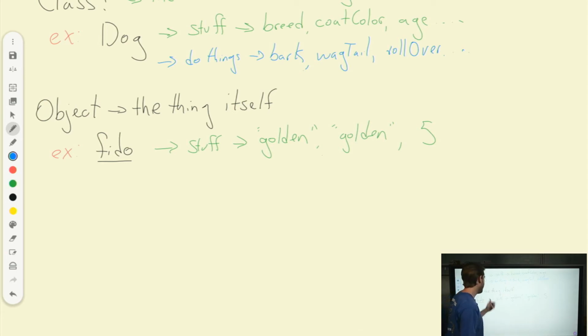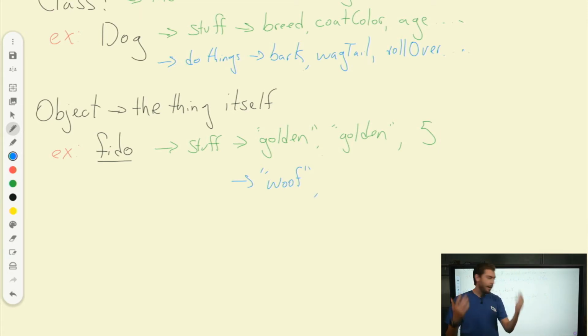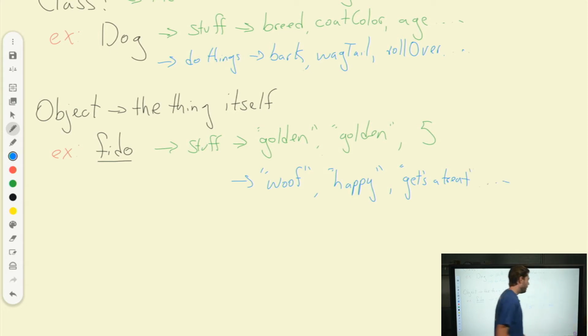And when Fido barks, he's going to say woof. And when Fido wags his tail, maybe we'll say he's happy. And when he rolls over, he gets a treat. Some of these behaviors might be defined by the class and cannot change.